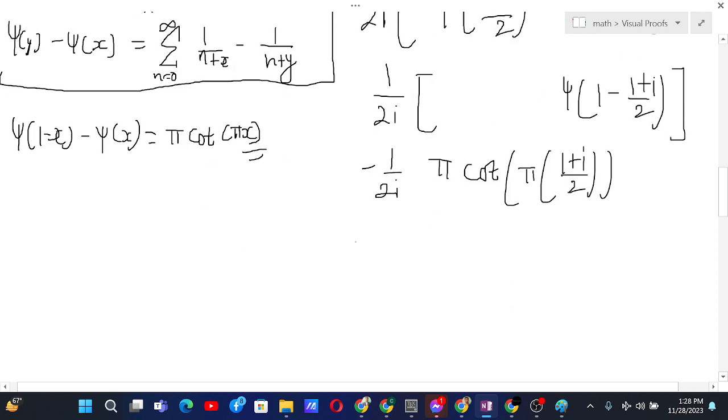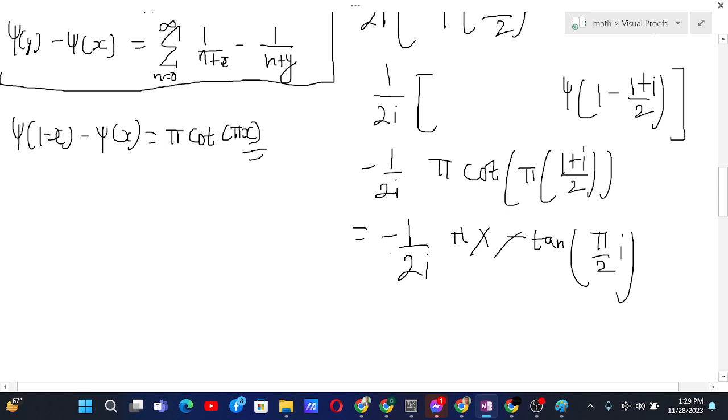Now this is pi by 2 plus something, so cot of pi by 2 plus something is just minus tan. So 1 by 2i times pi times this gives us minus tan of pi by 2 plus pi i by 2, and cot of pi by 2 plus something is just minus tan of ix.